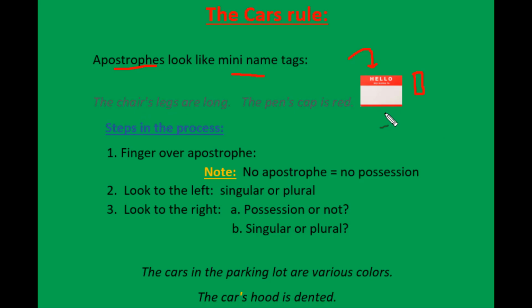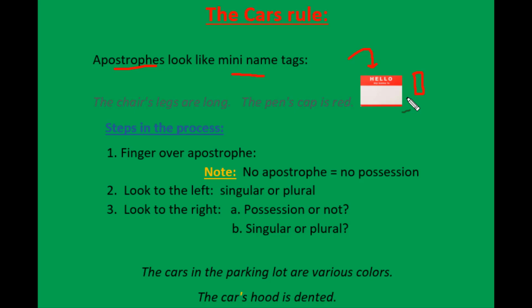For example, if there's a mini name tag in the back of your jersey, jacket, or backpack, that tells you that whoever's name is on the mini name tag owns or possesses that object. Remember when you were a kid and your mom used to write your name on the little tag in the back of your jacket in case it got lost at school? Many name tags tell you there's possession.